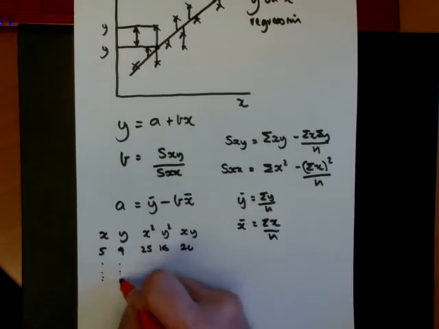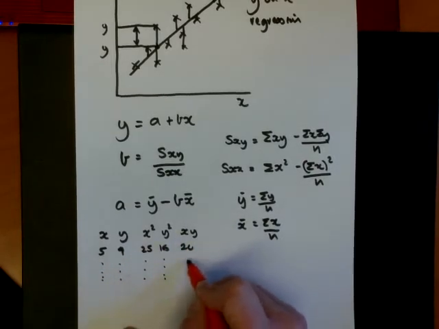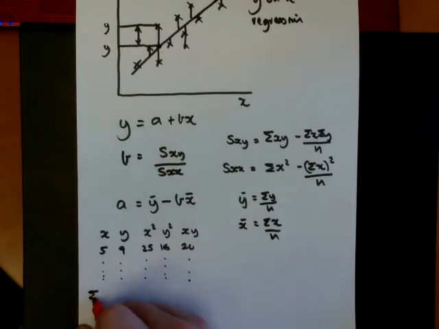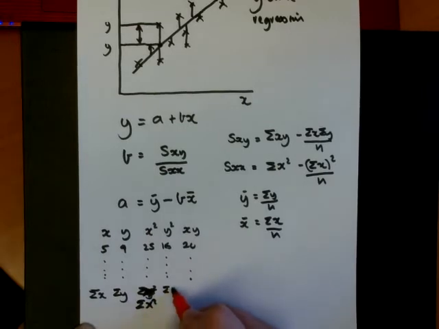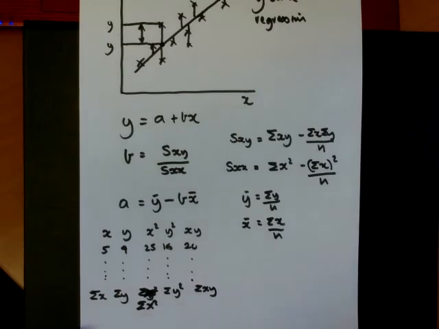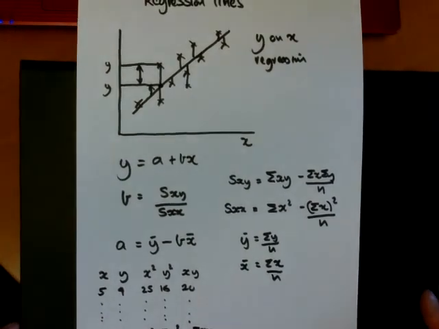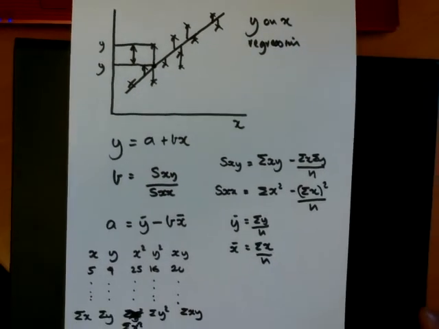This would continue. We number crunch our way down to the bottom until we get the component parts that we need for the formula. By adding up the columns, we get the bits that we need: the sum of x squared, sum of y squared, and sum of xy. Okay, so that's basically how you find the regression line.